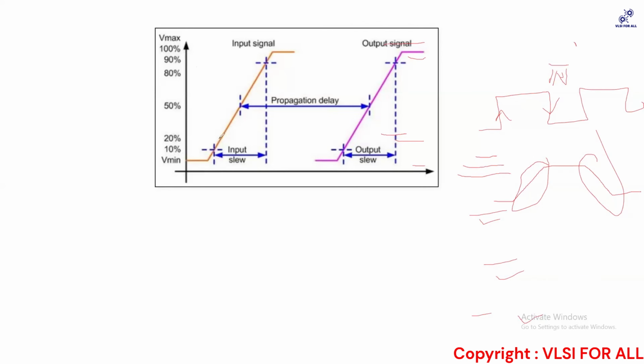Some company will take it as the amount of time required by the cell to make its transition from 20% to 80%. Nominally, most of the industry standard either takes it from 20 to 80 or from 30 to 70.